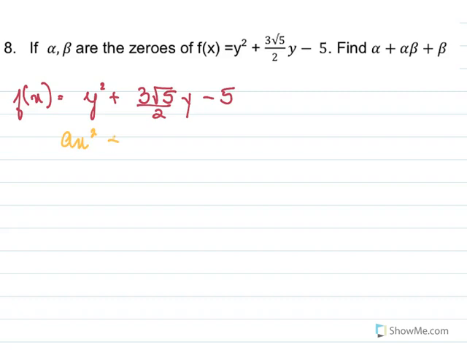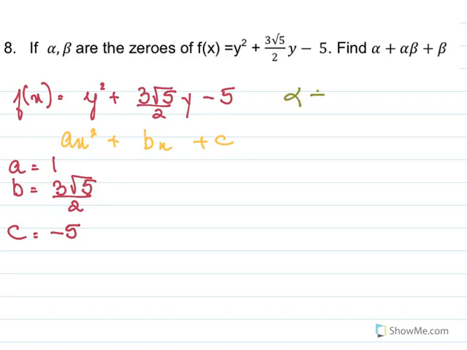Comparing it with ax square plus bx plus c, a equal to 1, b equal to 3 root 5 by 2, c equal to minus 5. Here we need to find value of alpha plus alpha beta plus beta. I'm just rearranging this, so I'm putting alpha plus beta plus alpha beta.